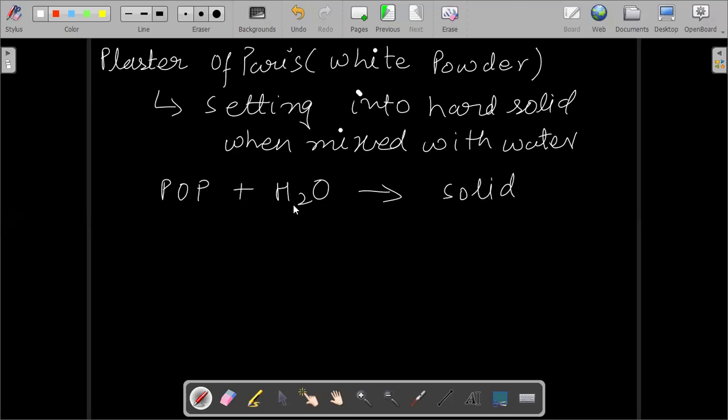The density of this POP is very less. So therefore the solid which is formed is not too heavy. Its density is less, so this finds a number of applications.